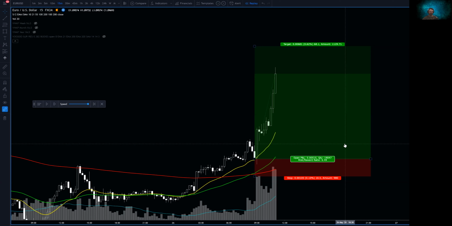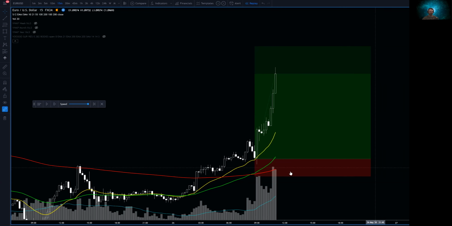Then risk management. Okay, so I know where to enter. I will be entering on the 21 EMA touch, and then we'll go with the rest. So this strategy is really for trending markets. We have a clear definition of when to enter, of our entry, and our risk management. So this is the first part of defining a trade when you're trading spot.